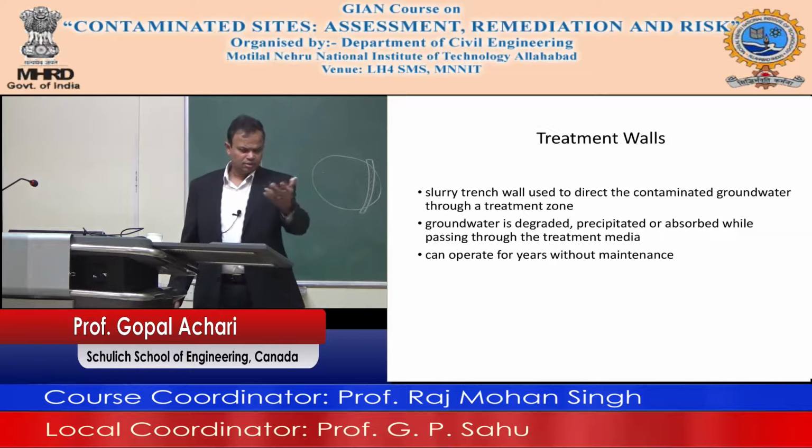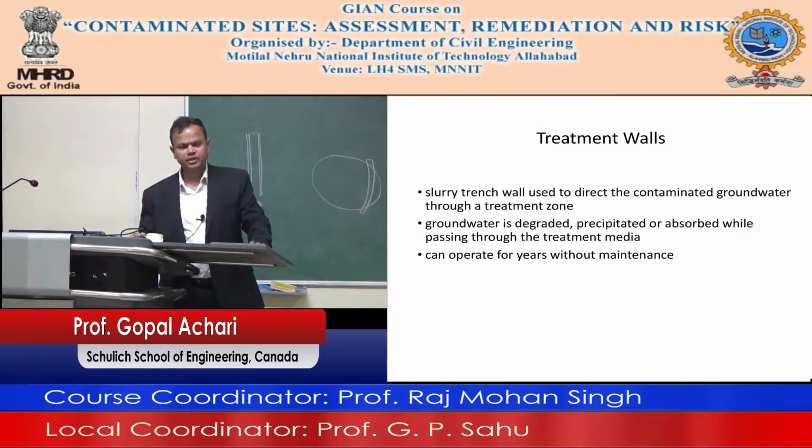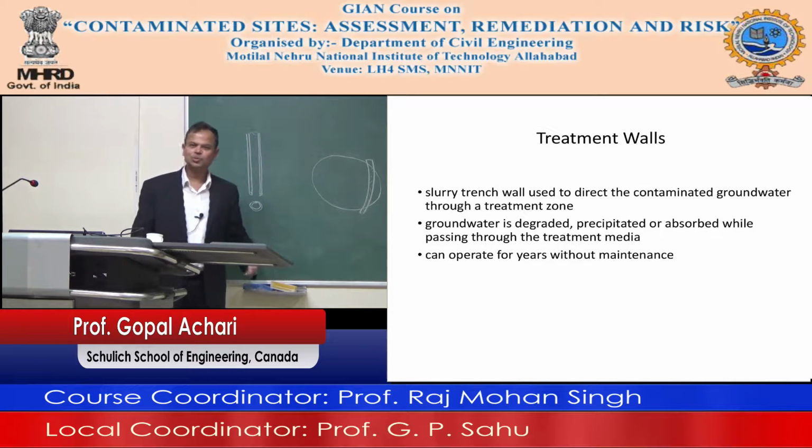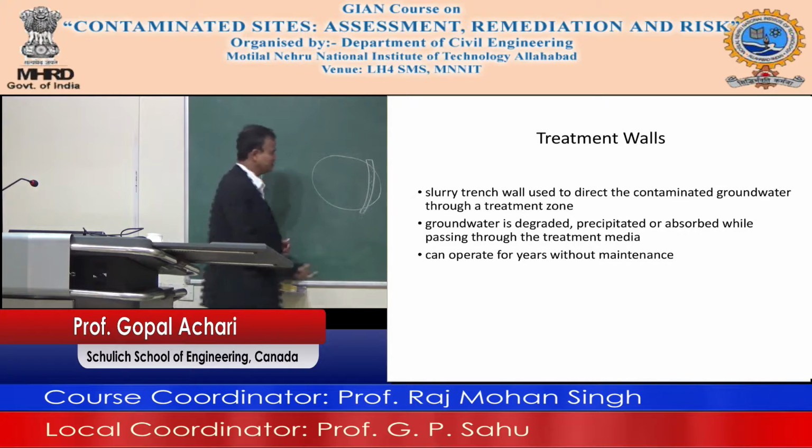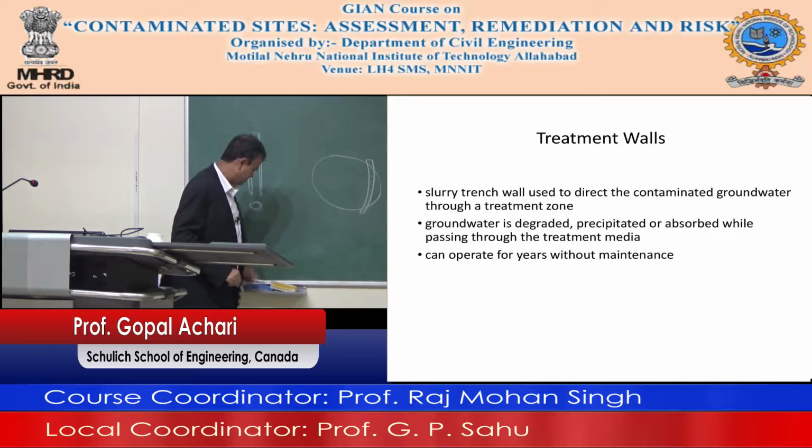Or we talked about in soil vapor extraction, we talked about horizontal trench sparging, right? So that's a treatment system. It's also a wall in a way, but it's a treatment system. So whatever comes out here is a lot cleaner.